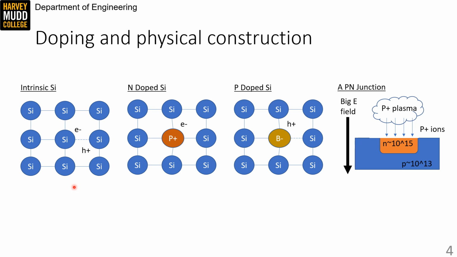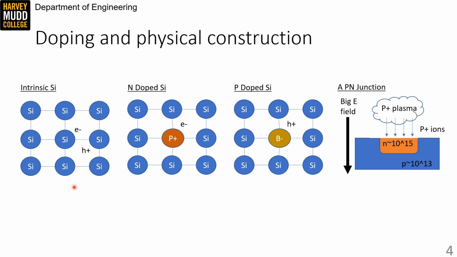Holes arise because the absence of electrons in a crystal is chemically unstable, so other bonds in the crystal will shift around trying to plug that absence. This results in the absence of a bond appearing to move around the crystal, and we elect to treat that absence as a positively charged particle, or technically something called a quasi-particle, to simplify our modeling. This is fine, but thermally broken bonds are pretty rare in silicon.